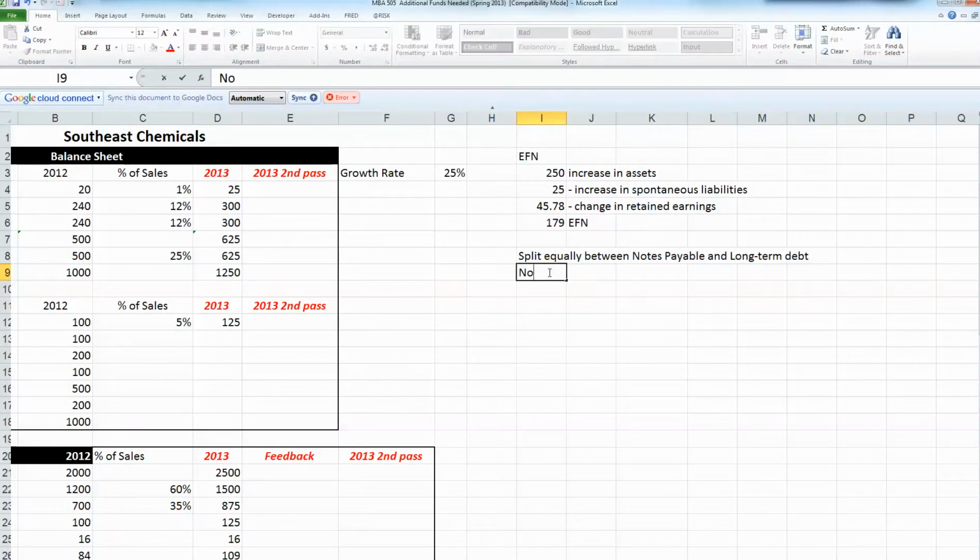Let's say that notes payable has an interest rate of 5%, and long-term debt has an interest rate of 7%.